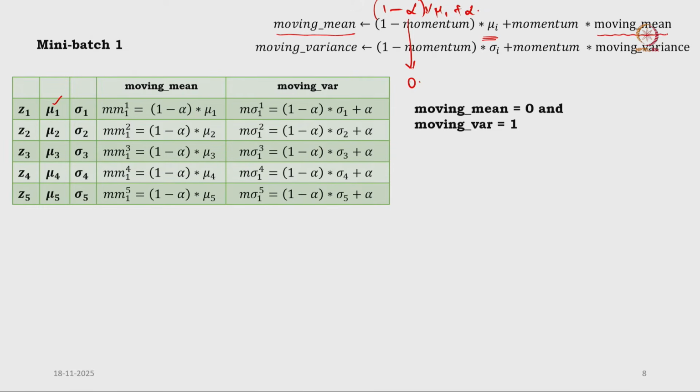We have still not started anything, it is the first mini batch that we are getting. For the first mini batch, we do not know these 2 initial values of moving mean and moving variance.